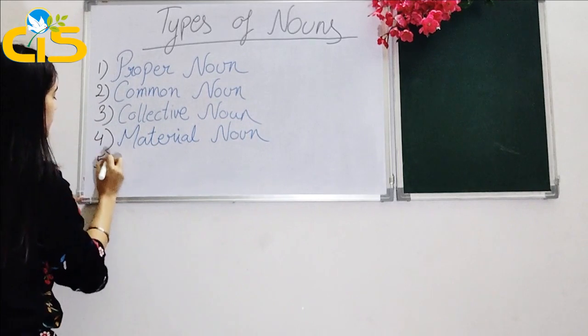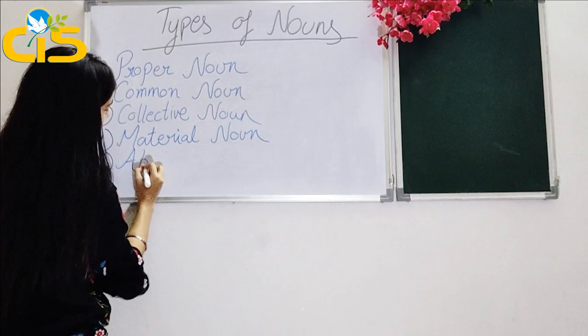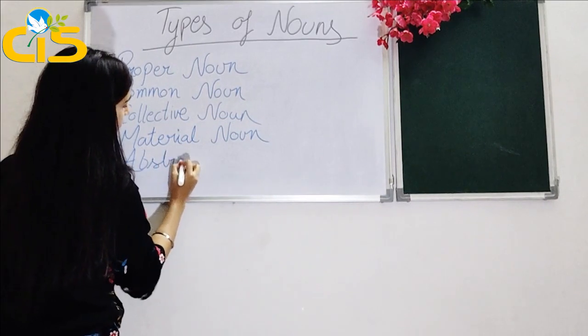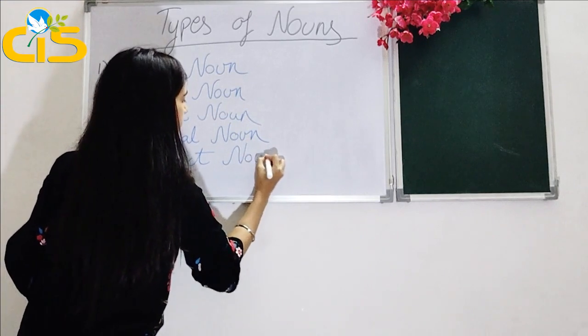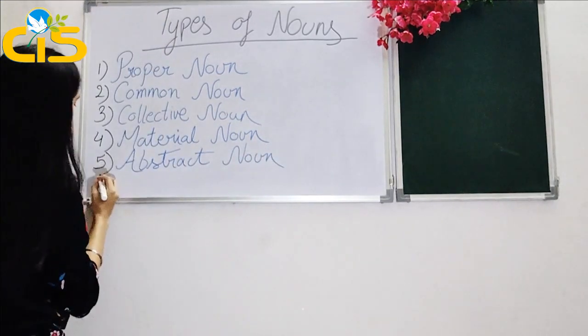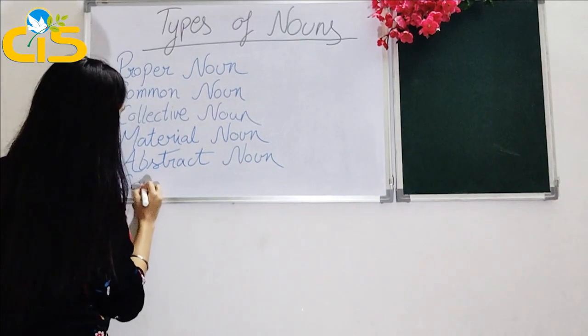Fifth is abstract noun. Now, the sixth one is countable noun.